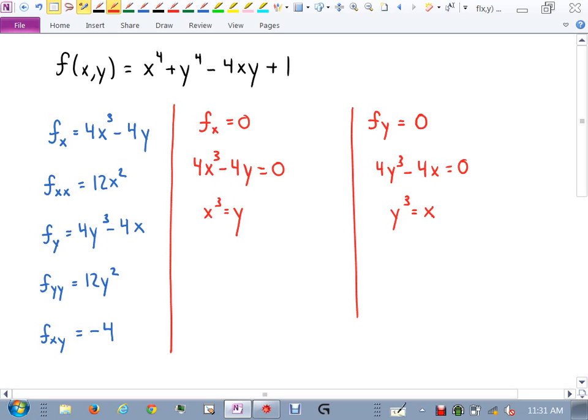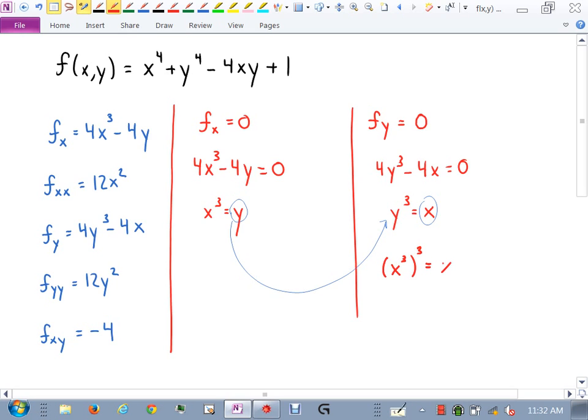Okay, you can take this y here and plug it in right there on the other equation. Or you could have done it the other way around. You could have taken this x right here and plugged it in over here. Either way, I'm going to go with the y. What I'm going to do is come to this equation over here. I'm going to replace y with what? X cubed. So that becomes x cubed, but then cubed again, right?